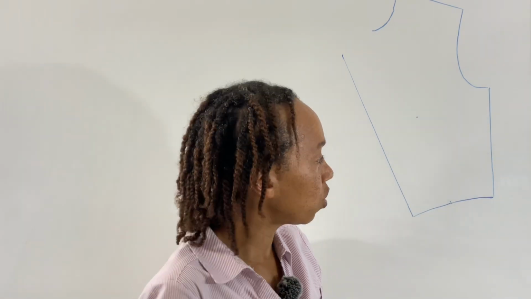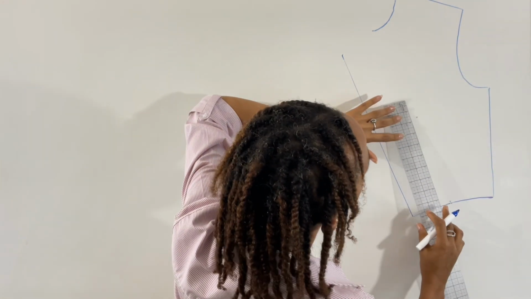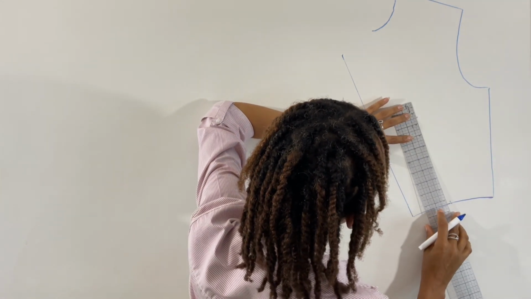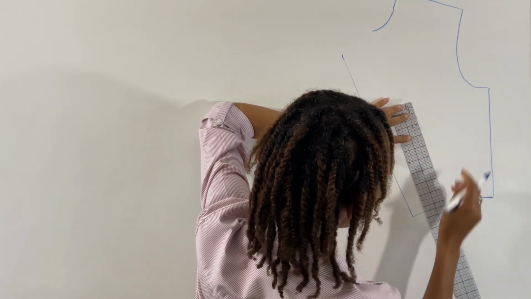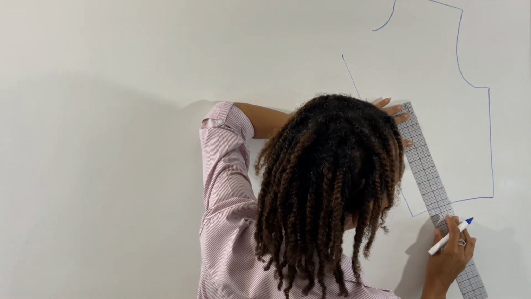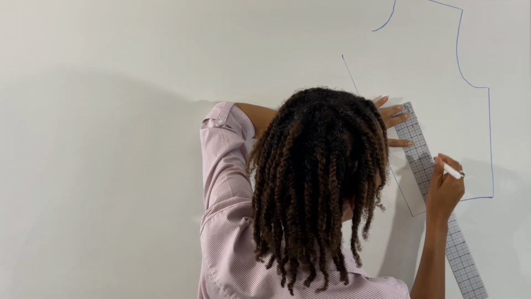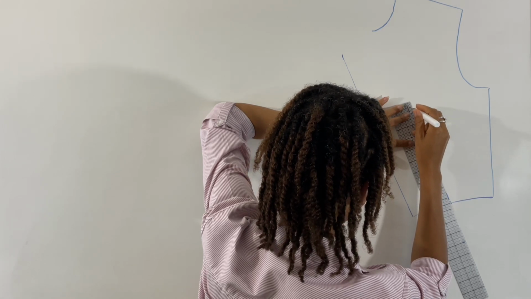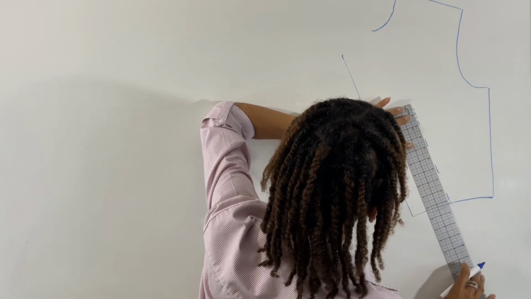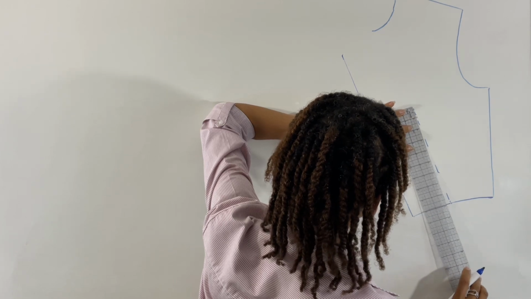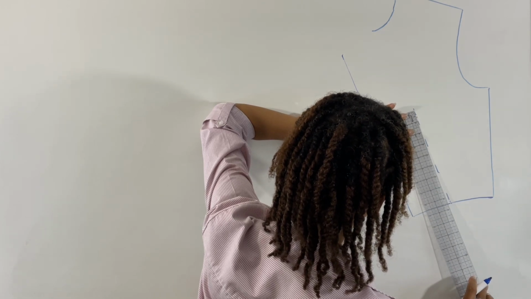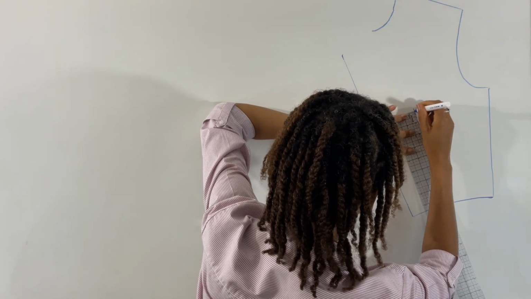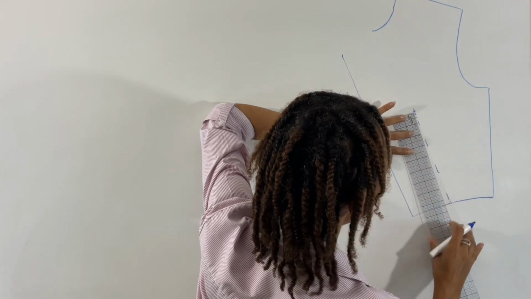So what you're going to do, you need to go up 5/8 of an inch here from this line, and you can sketch the line, right? Don't have to trace it out. And you're going to go off 5/8 of an inch, right? So let's make sure that we have 5/8 of an inch here, right there. So this is where it is.